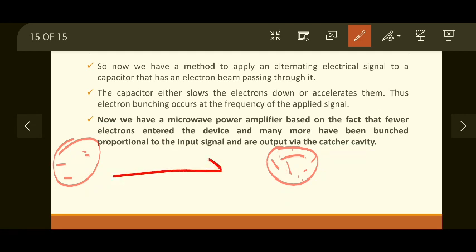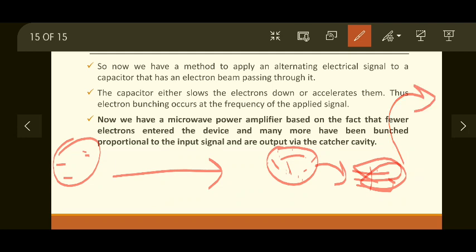So this is amplification. Now this kinetic energy is converted into a grid voltage, and this is taken out as microwave output power. Kinetic energy is transferred to a grid voltage of the catcher cavity and taken as microwave output power. So that is the amplifier.